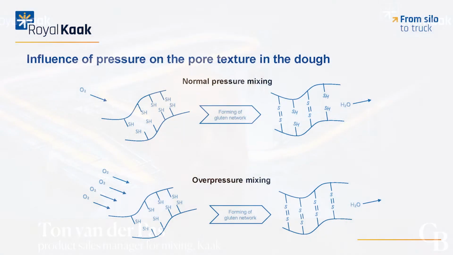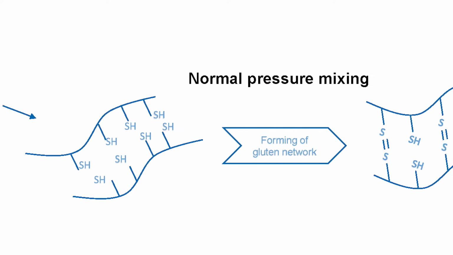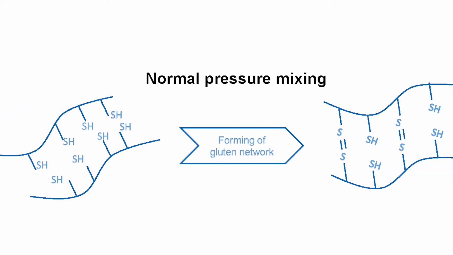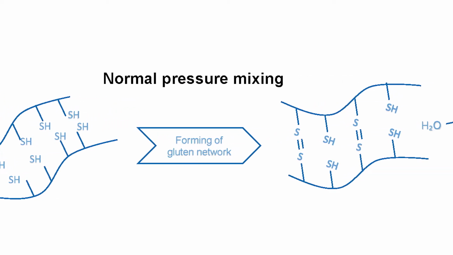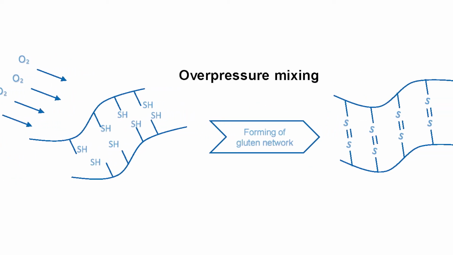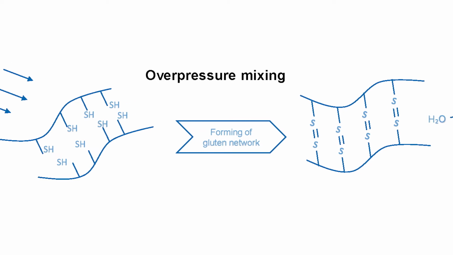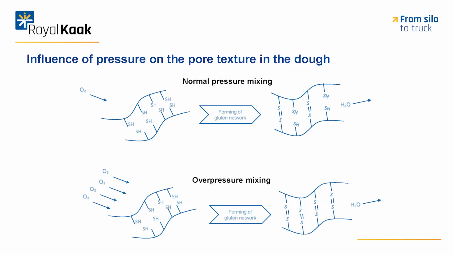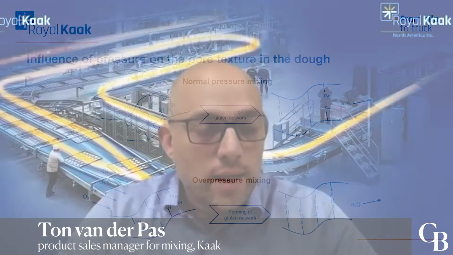On the other hand, we're talking about pressure mixing. What you do is add more air into your mixing bowl. It is a closed system, by the way. And in that air is oxygen, and that oxygen reacts with the thiol groups of your gluten strands.